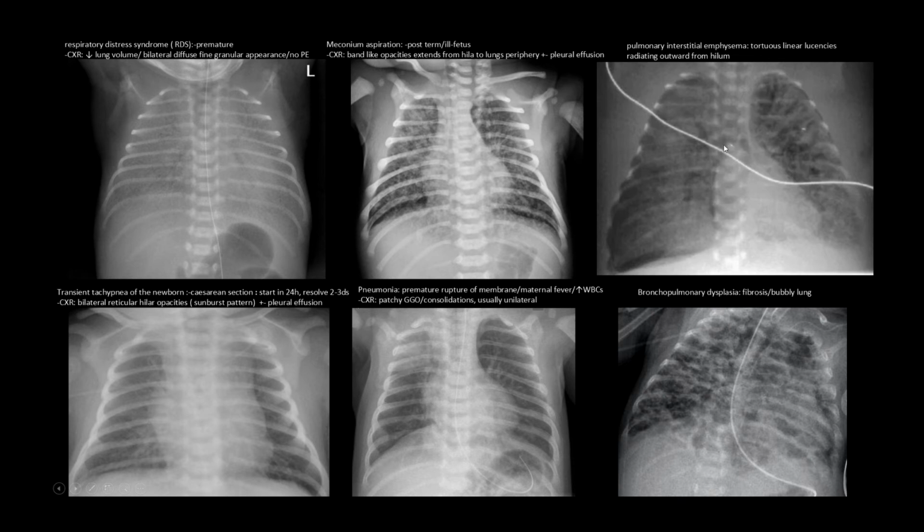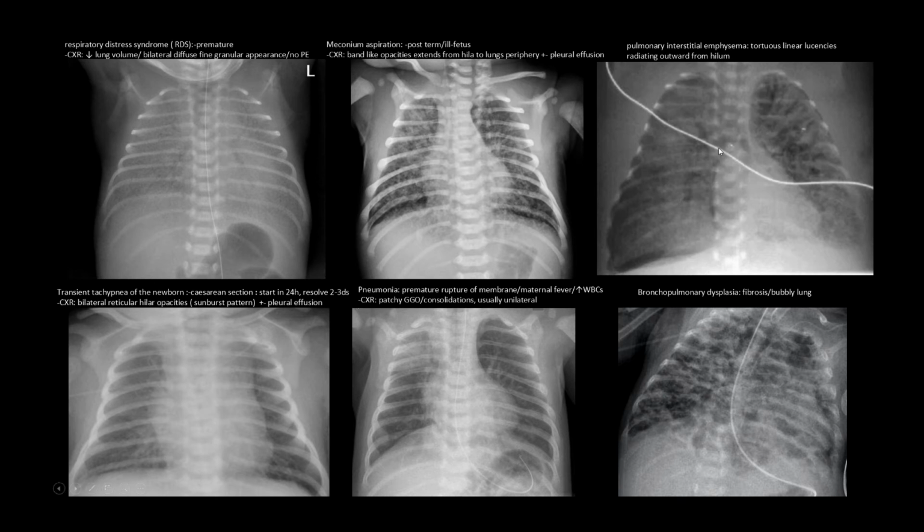Pulmonary interstitial emphysema usually occurs in a child with RDS. So usually there is a background of granularity, as we can see in this right lung. But instead of small volume, the lung looks overexpanded. And as we can see here, it even bulges through the intercostal space with flattening of the hemidiaphragm.